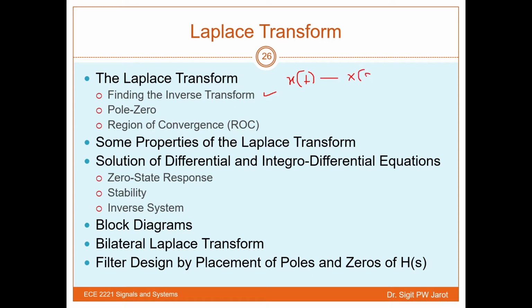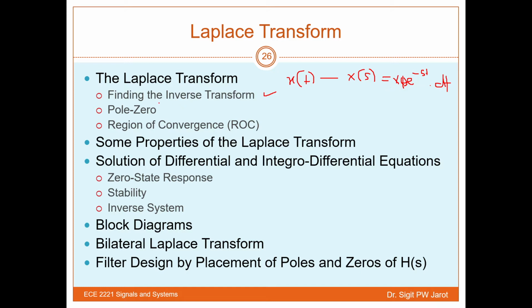We use a formula. We multiply the function with e to the minus st. So x(t) multiplied with this one, and we can find X(s), the function in the frequency domain.